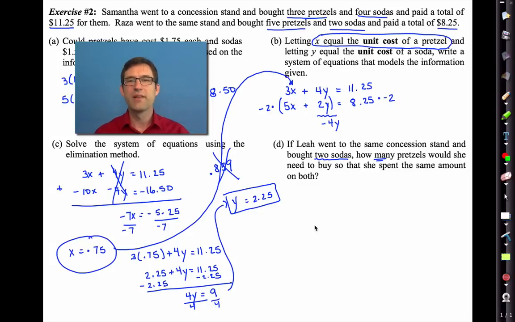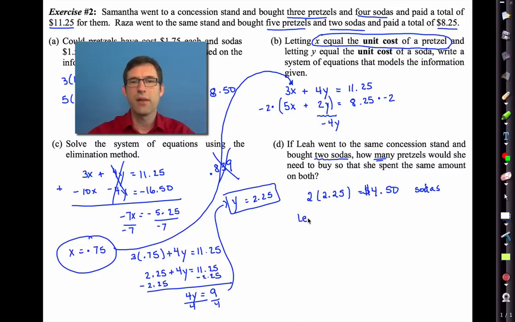All right, let's do it. Well, first off, let's see how much she spent on sodas. What did she buy? She bought 2 sodas, and she spent $2.25 on each, right? So she spent $4.50 on sodas, right? Now we want to spend the same amount on pretzels. So I'm going to let P be equal to the number of pretzels.